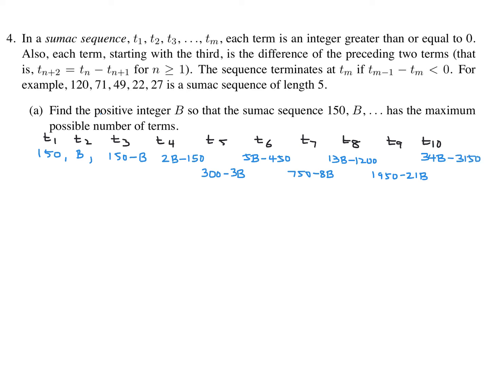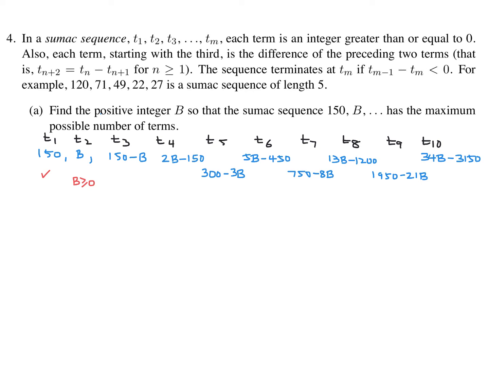Now, for this to be a Sumac sequence, we keep going until one of these becomes negative, as you can see here. Once a term becomes negative, that's it. The sequence ends. So let's see what happens. The first one is already positive, so that's good. For B to be non-negative, B has to be greater than or equal to 0.